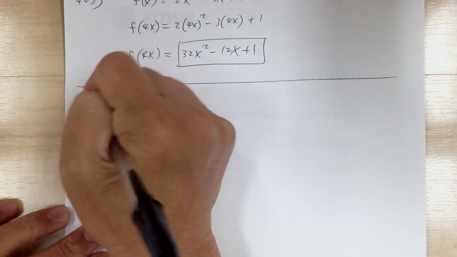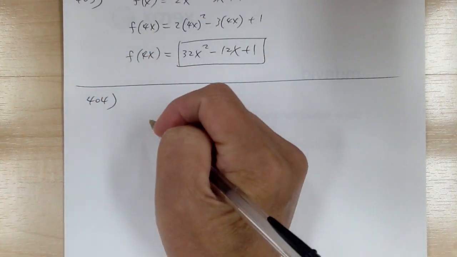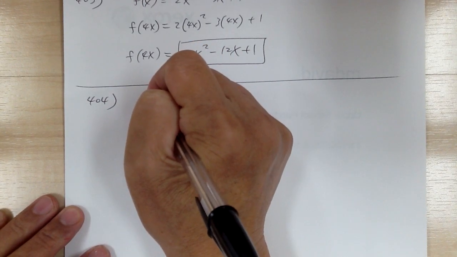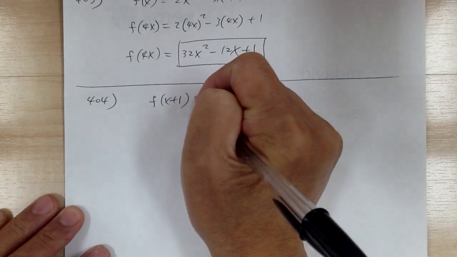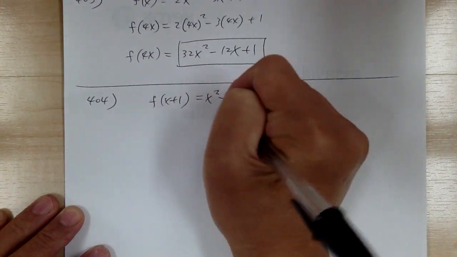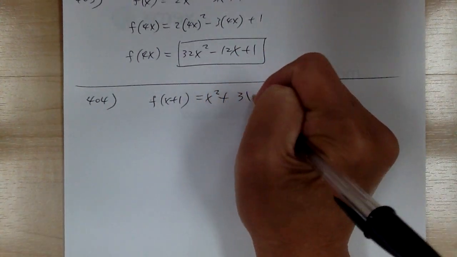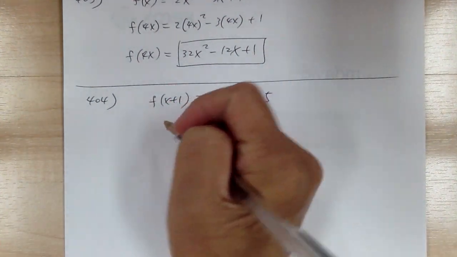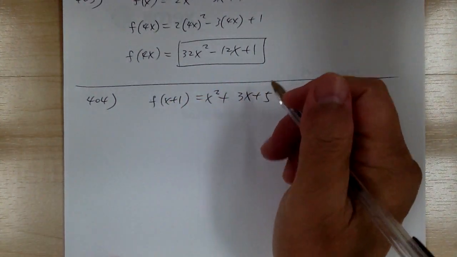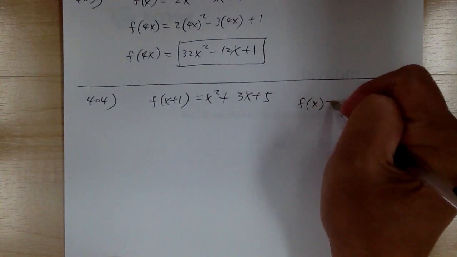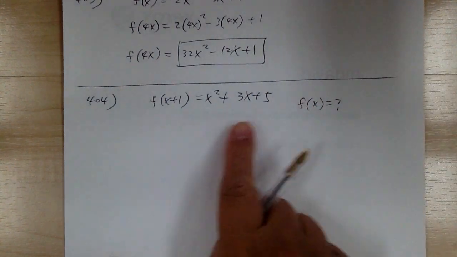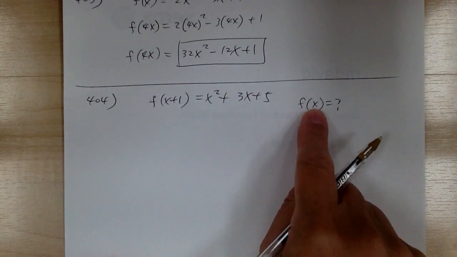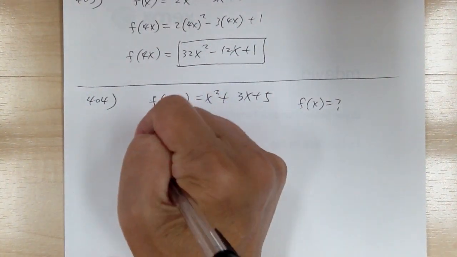Okay, let's go to 404. So it says if f of x plus 1 equals x squared plus 3x plus 5, you're looking for f of x. So we want to find f of x, we need to subtract 1 from here.